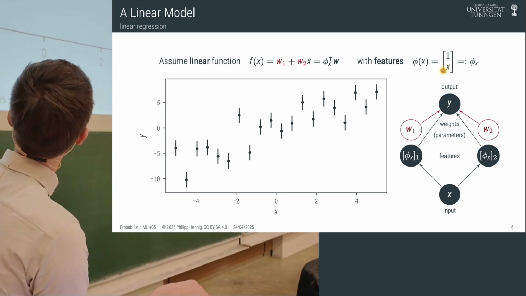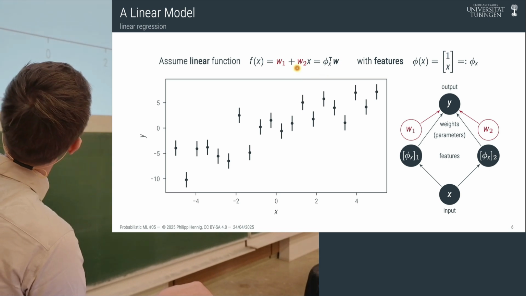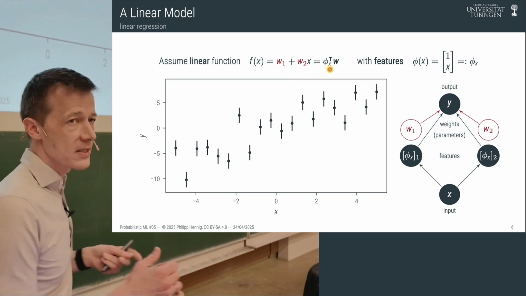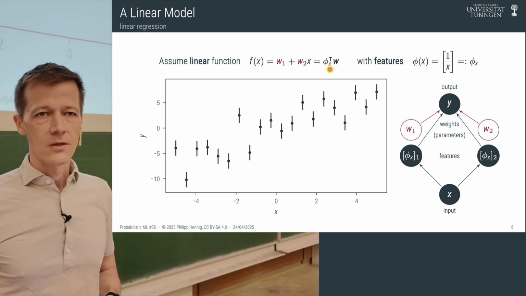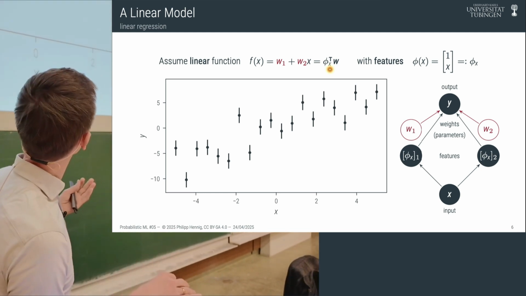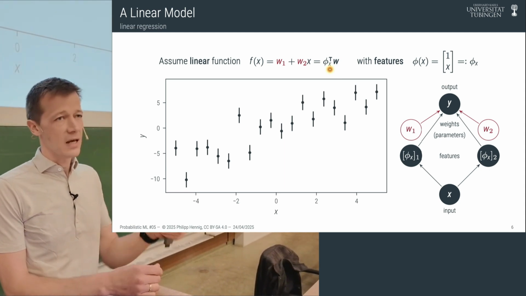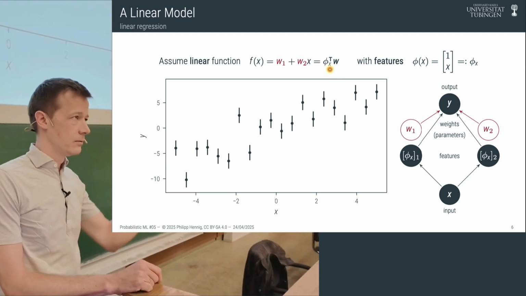Then we can take the elements of this w, stack them also into a vector, and then we can think of this function as evaluating this inner product. So what this way of writing things highlights is that this is a linear operation, not in x, but in w. Right?